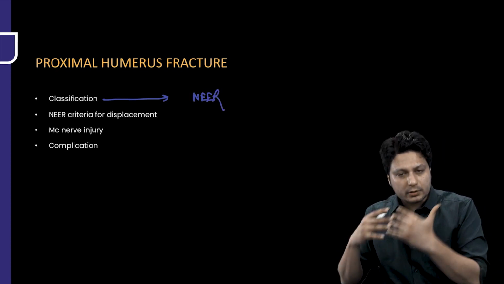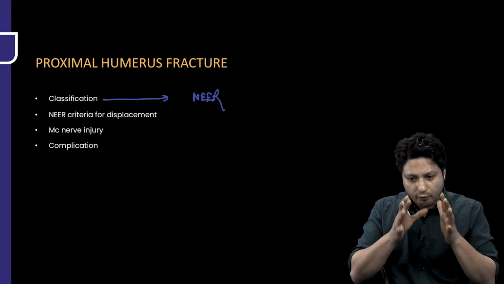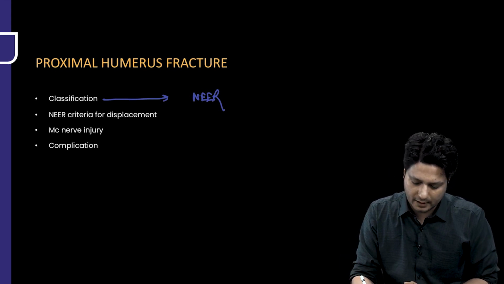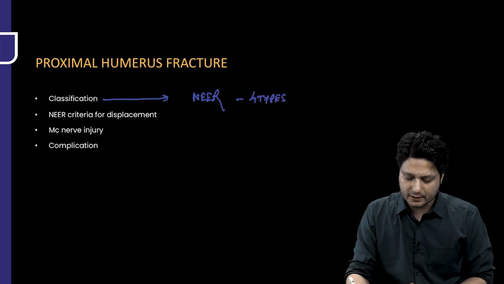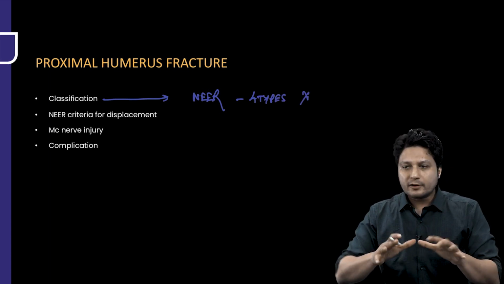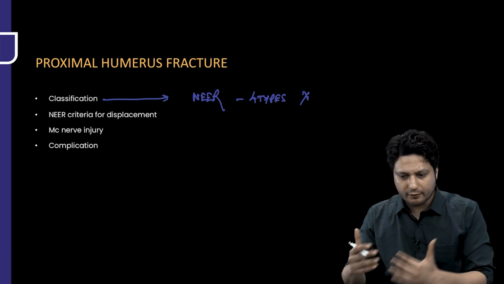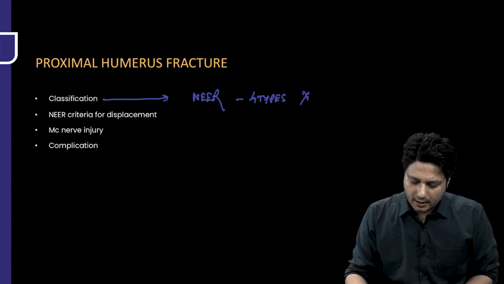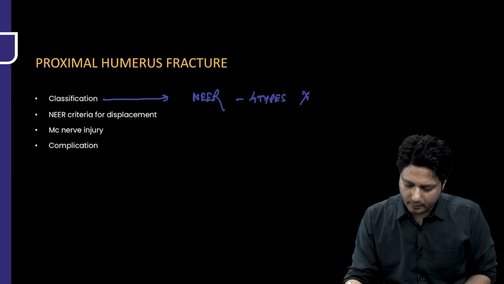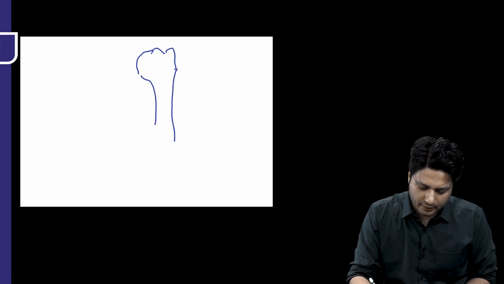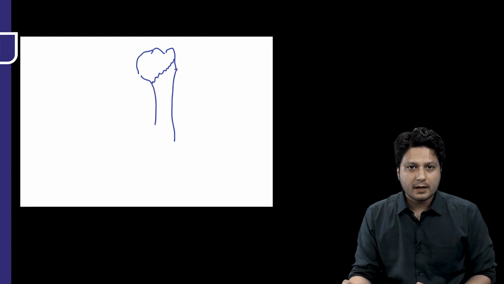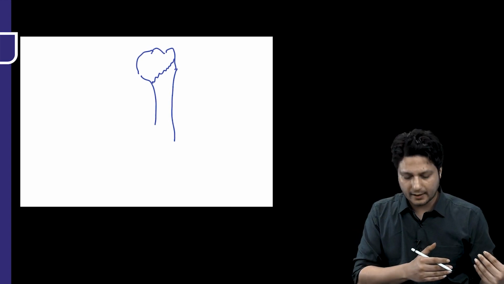Now, is it important to have a discussion on the 4 different types of Neer classification, because it is further classified into 4 different types? Then the answer is obviously no. It is not at all important to have a discussion on the 4 different types. Why? Because imagine if this is the proximal part of the humerus bone and there is a fracture in the proximal part of the humerus, then how has Neer classified it?